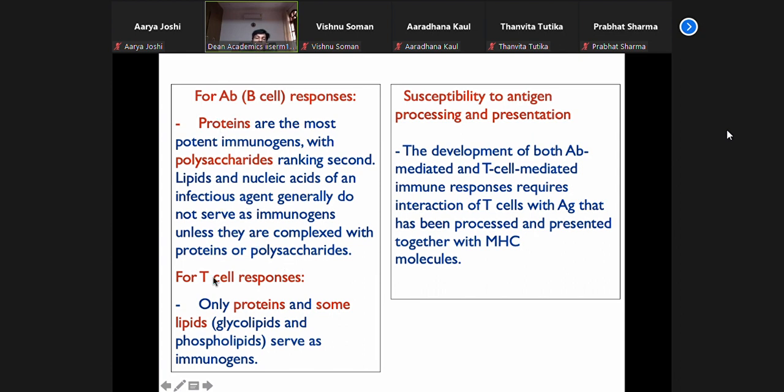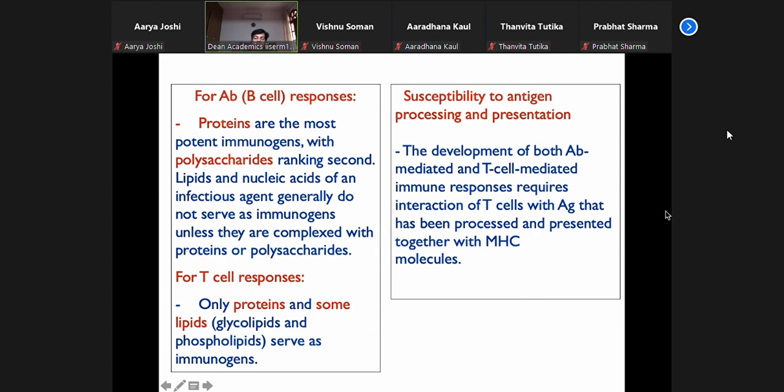Now, for T cell responses, only proteins and very few lipids serve as immunogens. As such, polysaccharides do not induce T cell responses. Keep that in mind. You will know more about it as we go along with antigen processing and presentation, right?